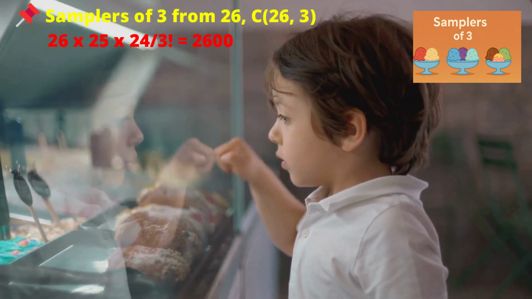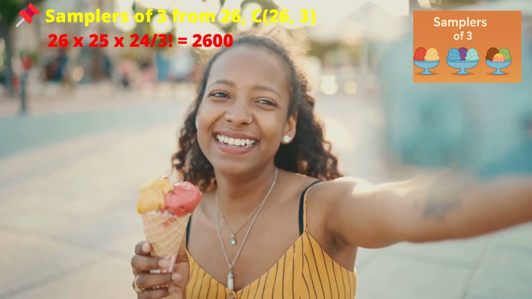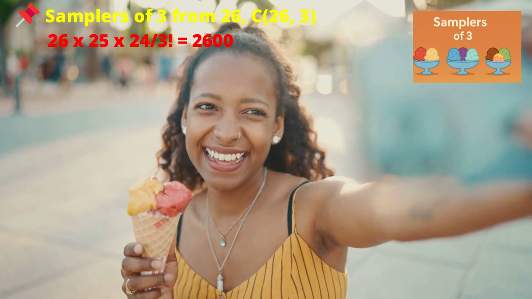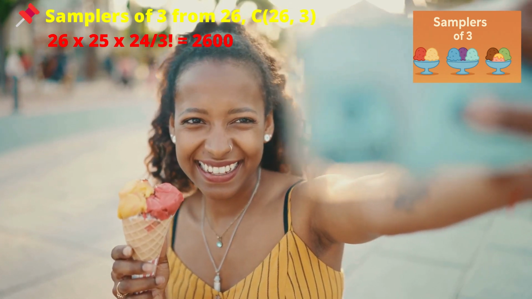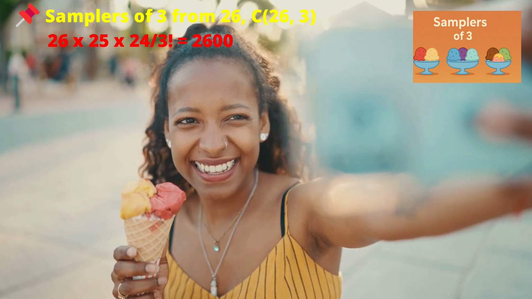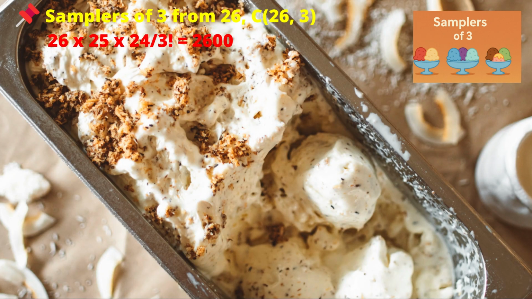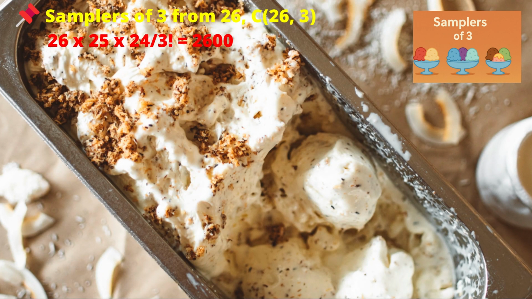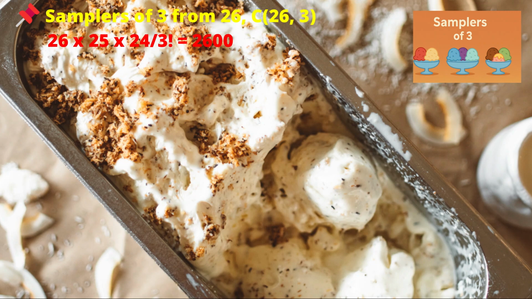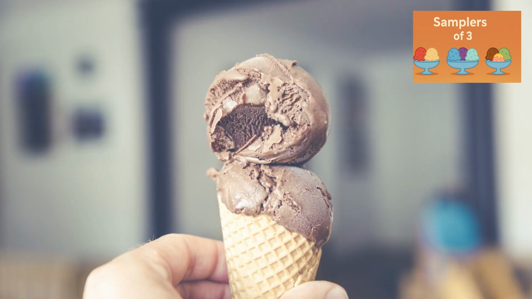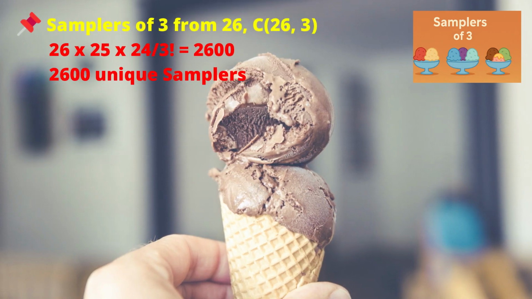So the answer is 26 times 25 times 24 divided by 3 factorial, or 6, and it gives us 2600. Wow, that's 2600 unique three-flavor samplers.